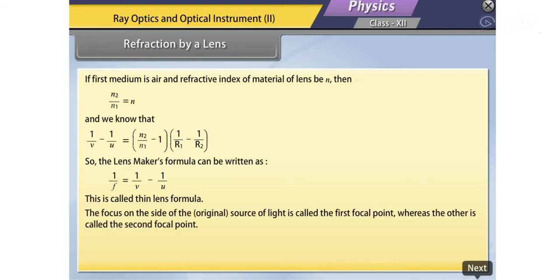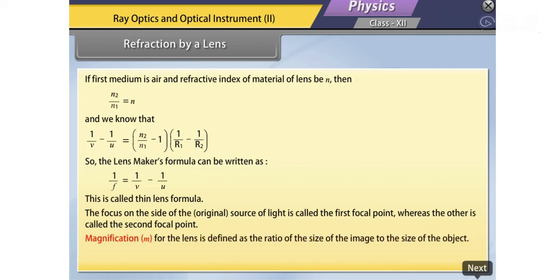The focus on the side of the source of light is called the first focal point, whereas the other is called the second focal point. Magnification m for the lens is defined as the ratio of the size of the image to the size of the object. m = h'/h = v/u.